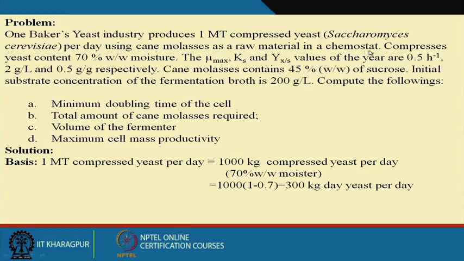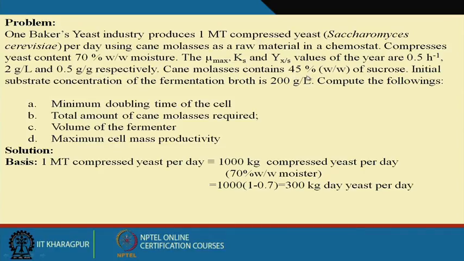Chemostat means continuous stirred tank reactor. The compressed yeast contains 70% weight by weight moisture. Mu max, Ks and Yx/s values of the yeast are 0.5 per hour, 2 gram per liter and 0.5 gram per gram respectively.